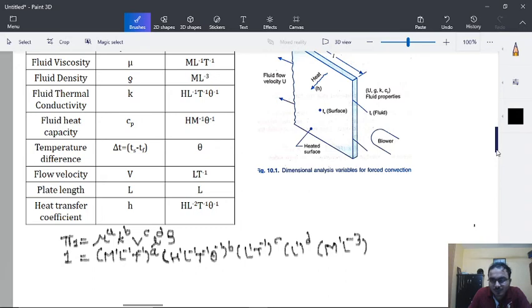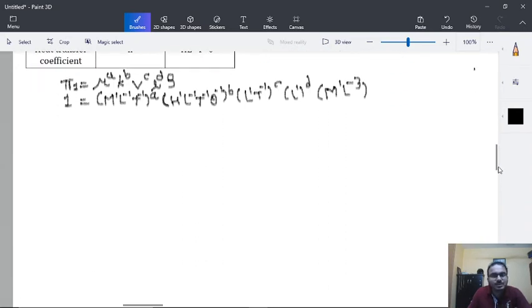So now we will do this dimensional analysis part here. So 1 is equal to M raised to a plus 1. I will not go into detail as we have already done such kind of stuff in our previous semester.